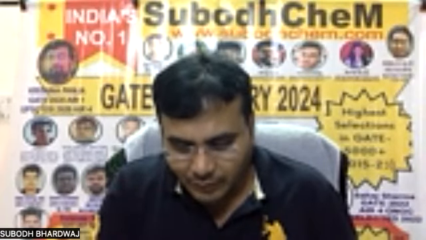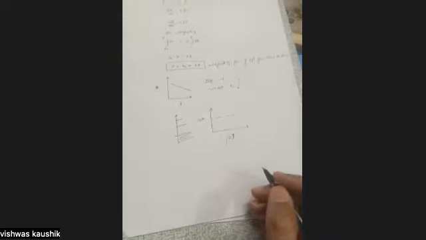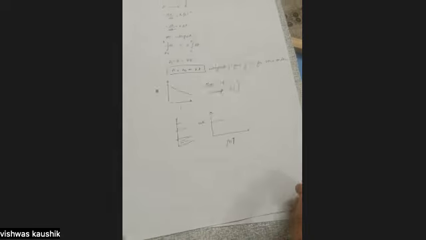Yes, right. What is the half-life of zero order of reaction? Sir, half-life is the time period at which the concentration of the reactant becomes half of its initial value.